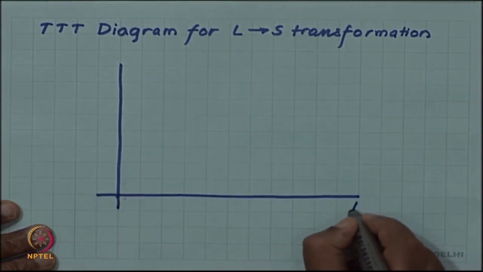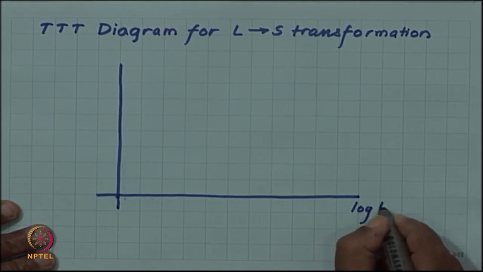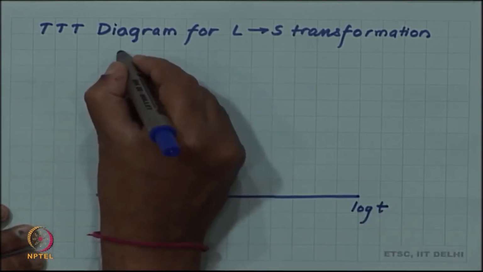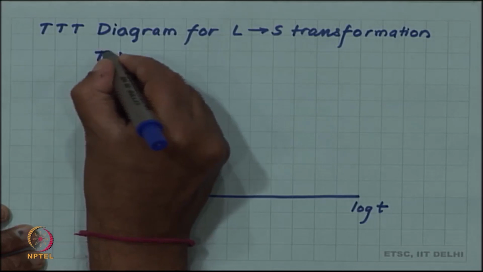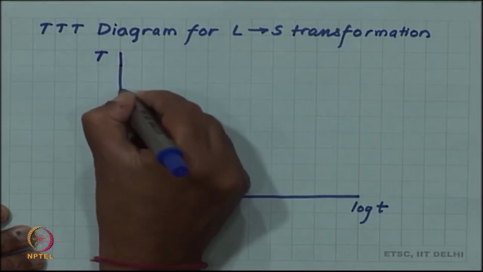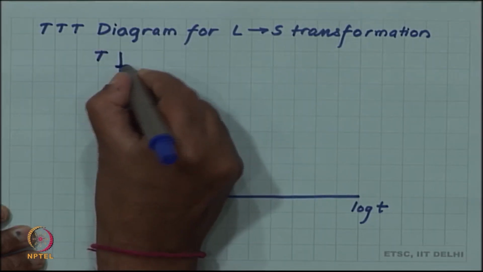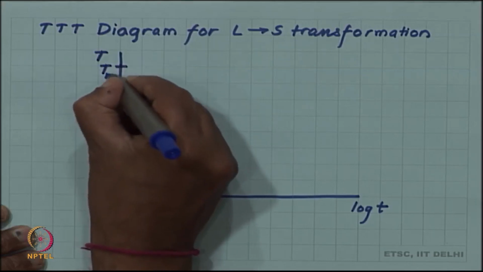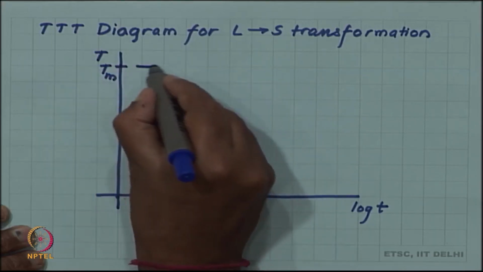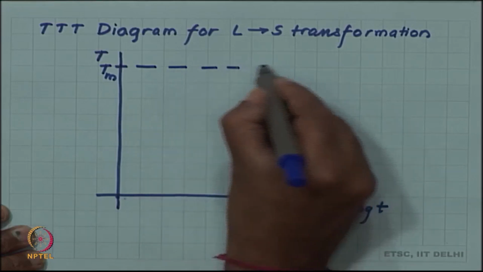These are the two axes. You have the time axis in logarithmic scale, you have the temperature axis. In the temperature axis, the critical temperature is the melting point above which nothing happens.